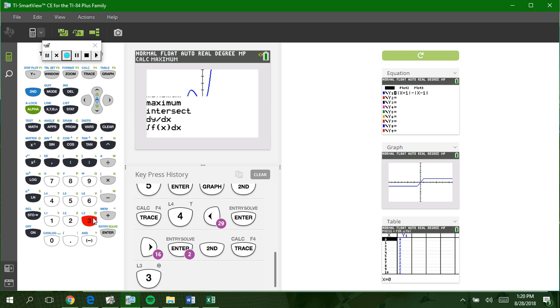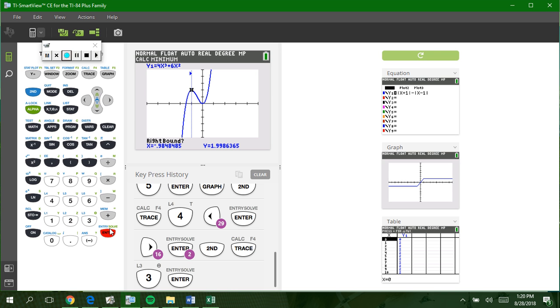Am I to the left of the low hump? Yep, so I'm just going to hit enter because I'm already there. Then I'm going to push to the right. Hit enter. Oops. Okay, is my low point in between those two?